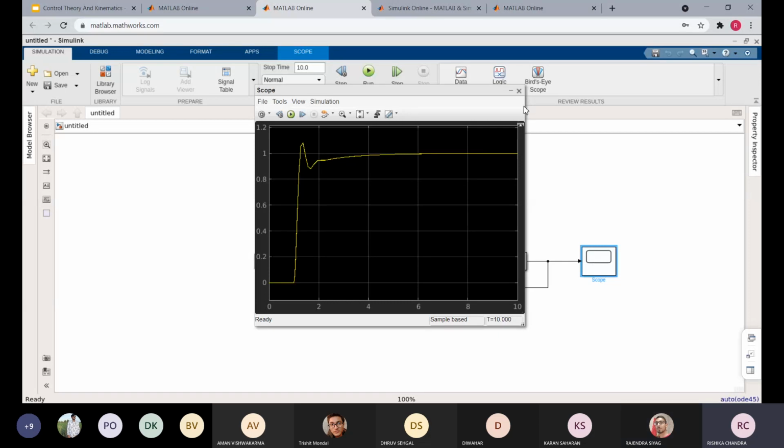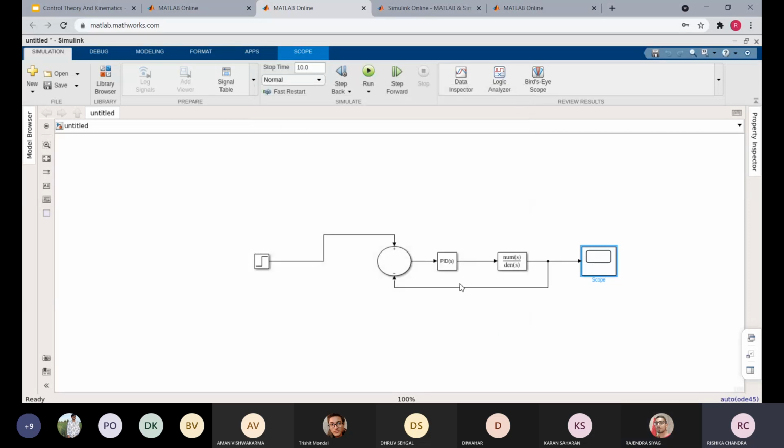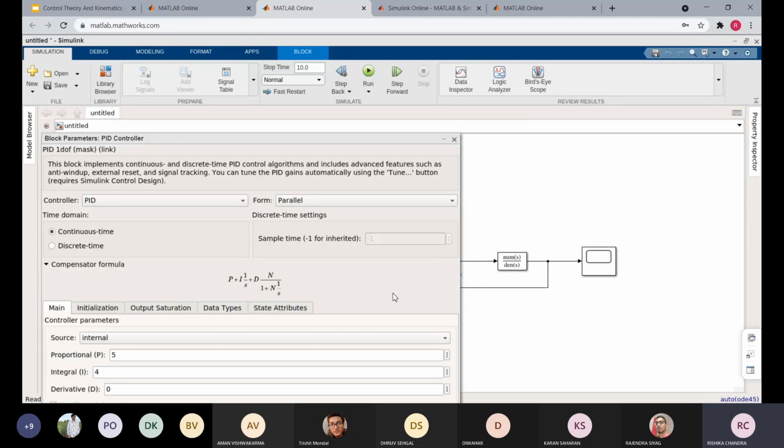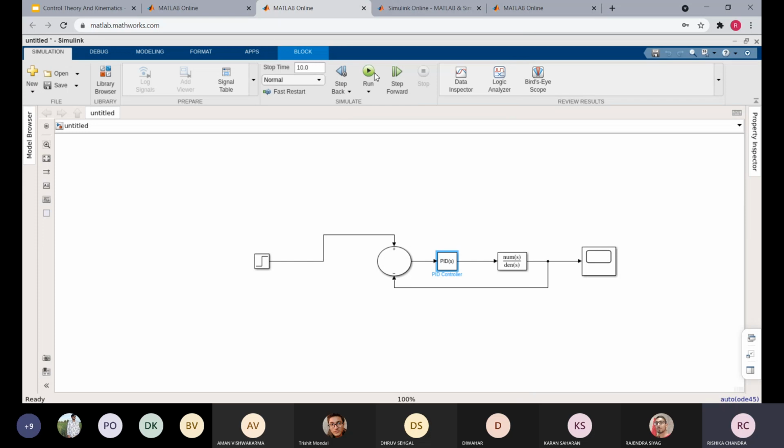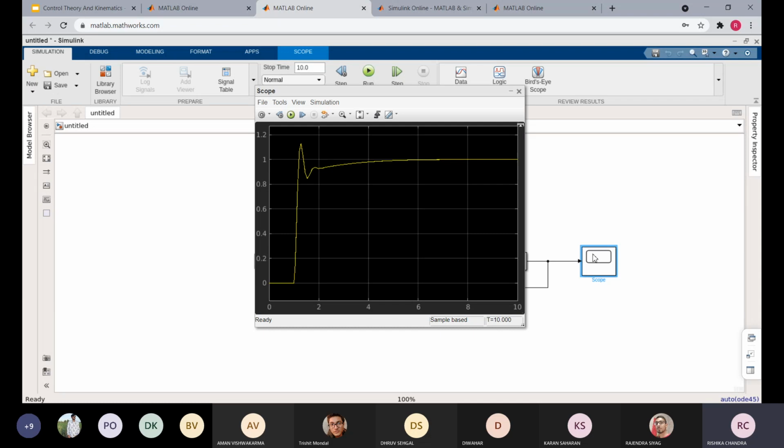Now let's set the value for D. Let's set it to 2. Click on apply. Now run it. Double click on scope.